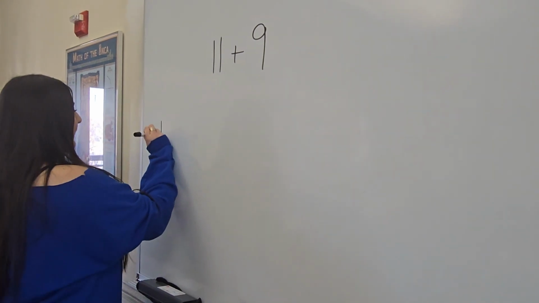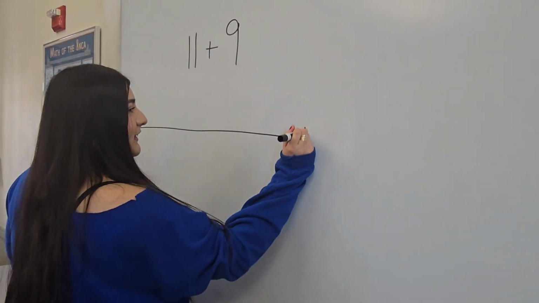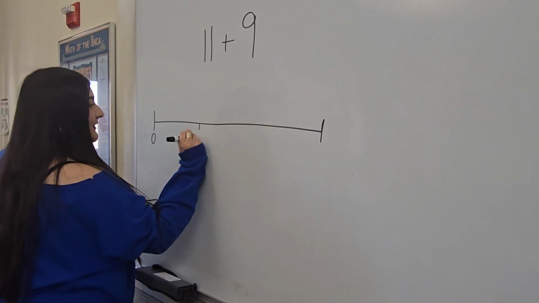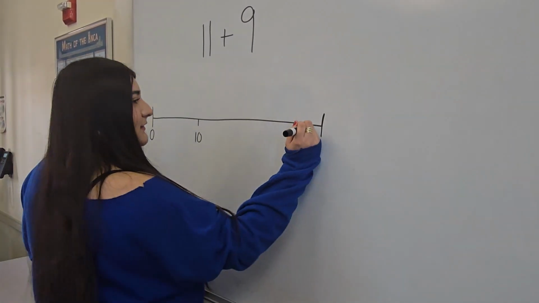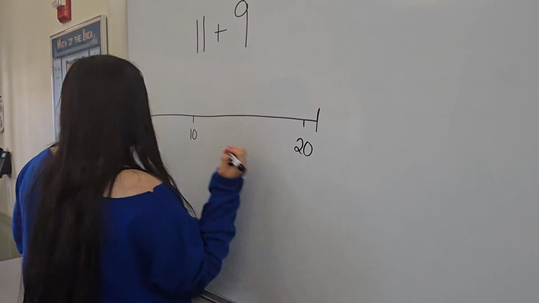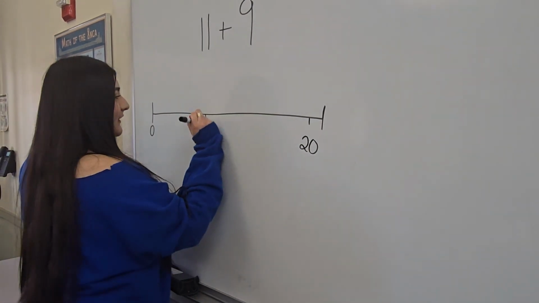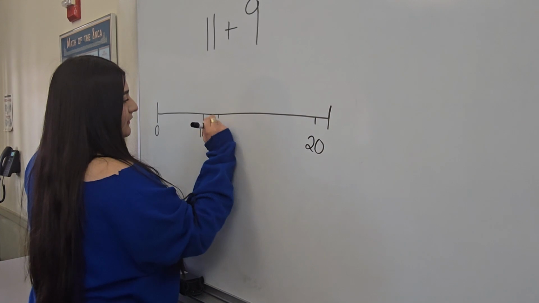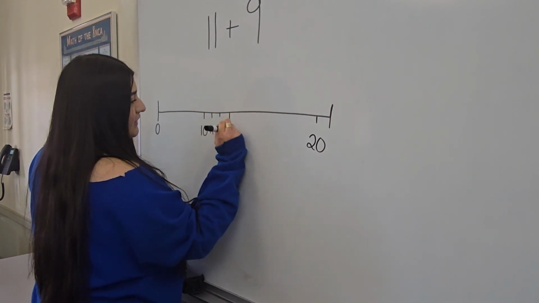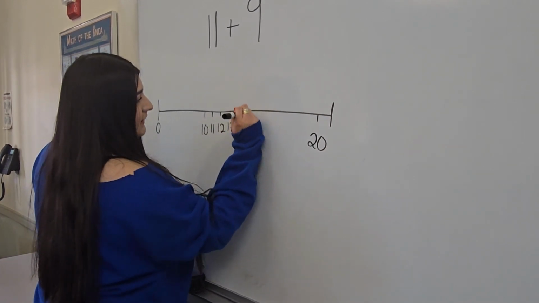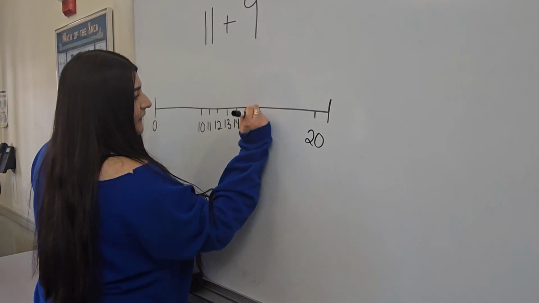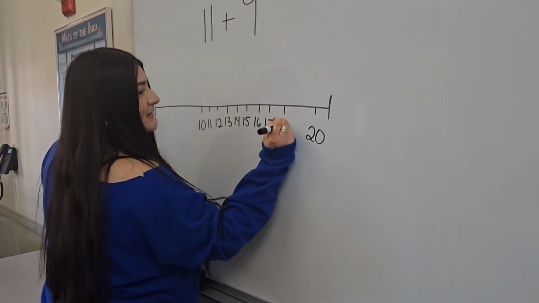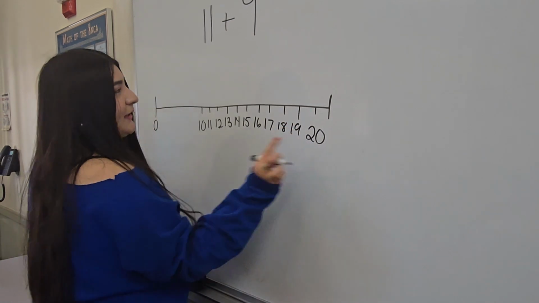So first we have to make our number line and start at 0. Let's make a 10 mark and a 20 mark. So we're gonna start here from 10, since we're starting at 11. 11, 12, 13, 14, 15, 16, 17, 18, 19, 20.